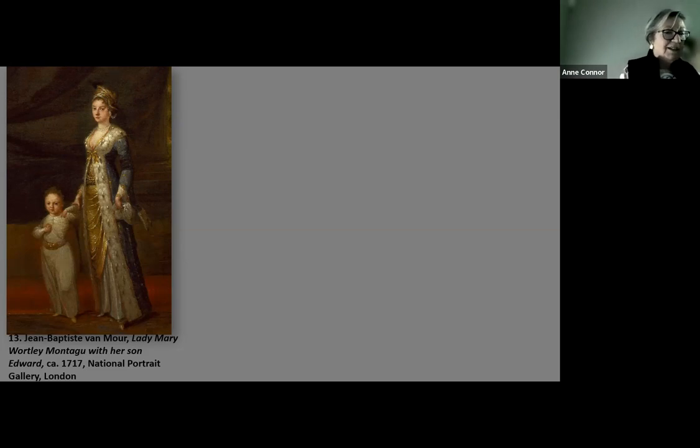and how to dress. You see her here in a more Western dress, but with a little turban on her head, which is that note of the contact.